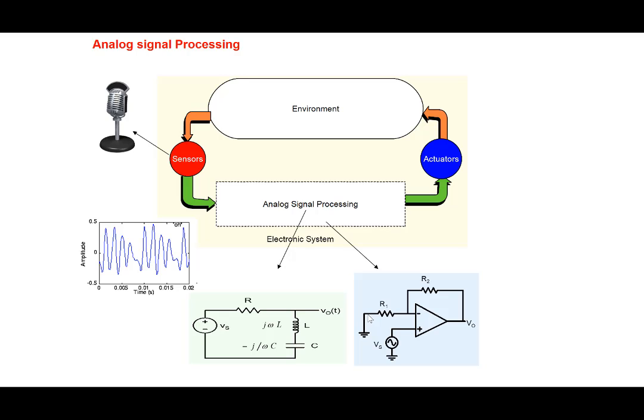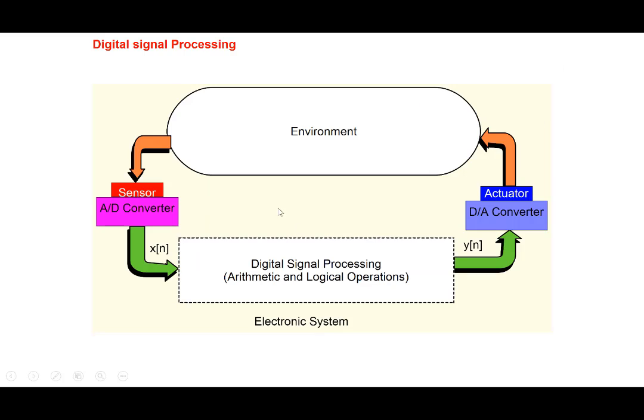For that reason, it is best, when you convert a signal to an electrical signal, which may be analog, to use an analog to digital converter and convert it into a digital signal. Do all the processing in the digital domain, and then take your digital signal, convert it back into analog, and then you can use an actuator and come back to the environment.